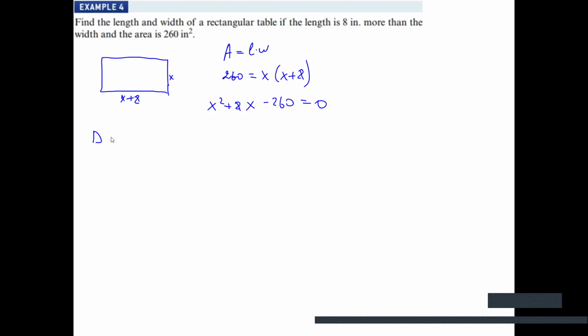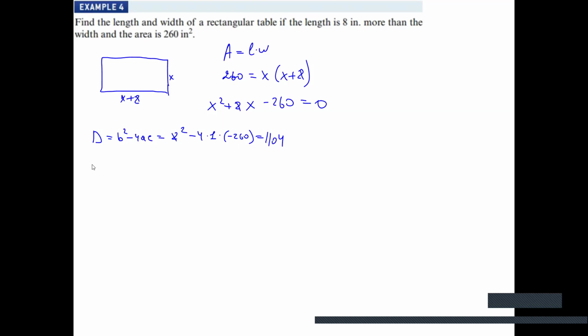So we start with D. What I have, 8 squared minus 4 times 1 times minus 260. Well, I don't have any perfect square roots here.